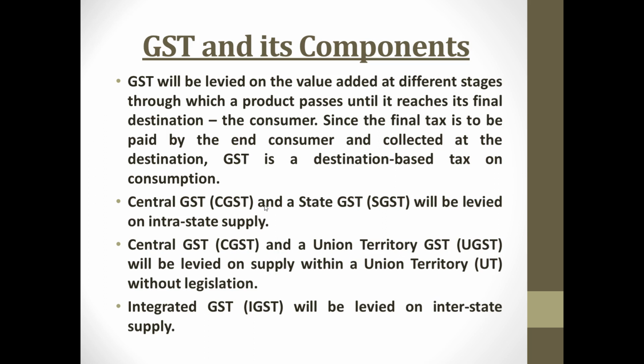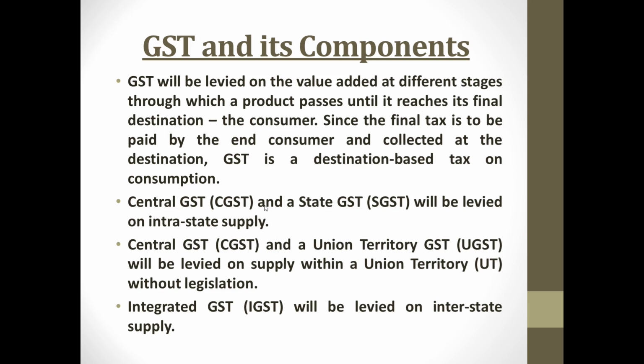And if the sale is between two states, that is interstate supply, for example, if you are doing business in the state of Uttar Pradesh and you are selling your goods to some person in the state of Rajasthan, then the GST that will be imposed will be known as integrated GST. This will be a single rate.